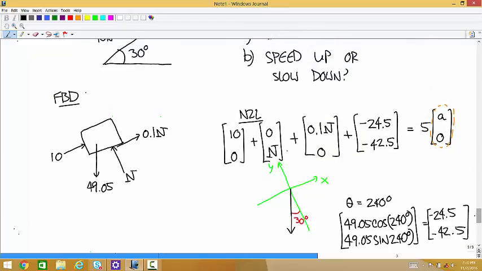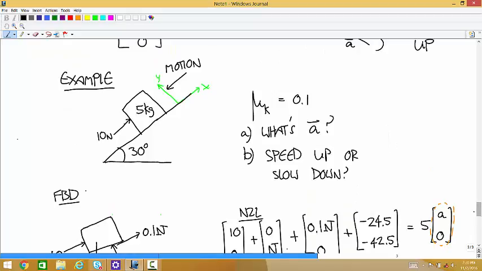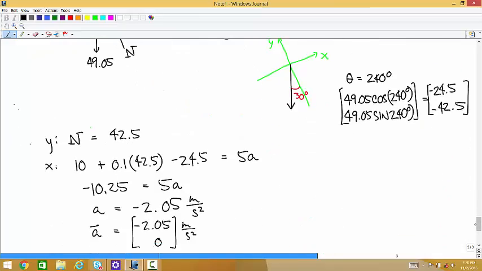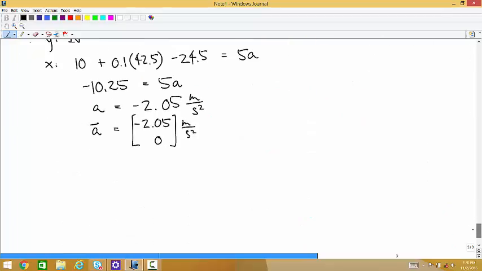Is that in the same direction or the opposite direction of the motion? They're both in the negative x direction. So velocity and acceleration are in the same direction, so that's speeding up down the incline. Any questions about that? Okay, so now you can work on all the problems in free body diagrams and Newton's second law.